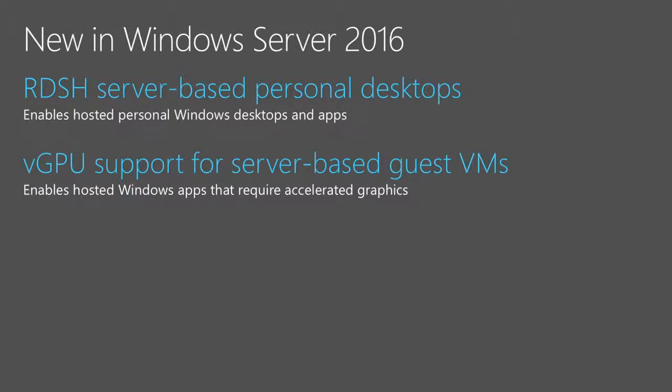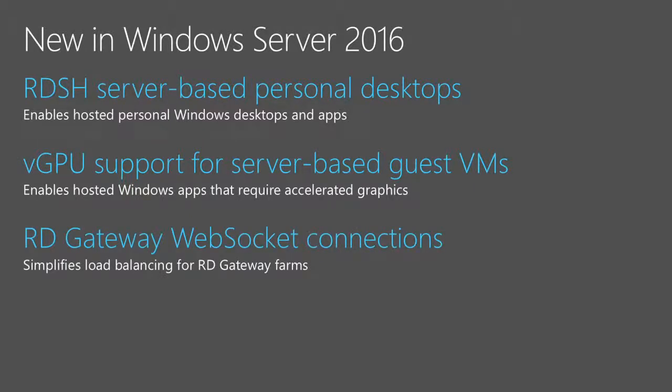So this expands the numbers of apps we can host and the types of customers we can address, those engineering firms and so forth. The other thing we're doing with our vGPU in 2016, if you went to one of our earlier sessions, is we're now supporting OpenGL. Previous versions only supported DX11. Now we support both. So it pretty much opens up to all apps that are out there, CAD apps, games, etc.